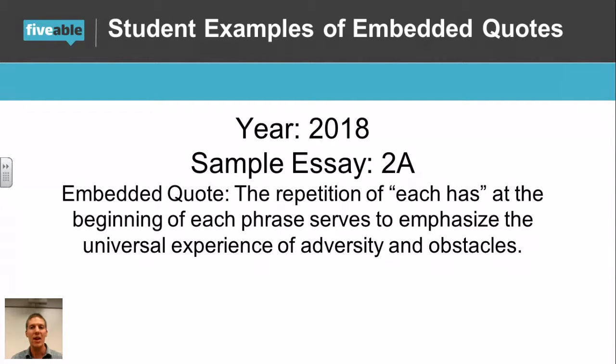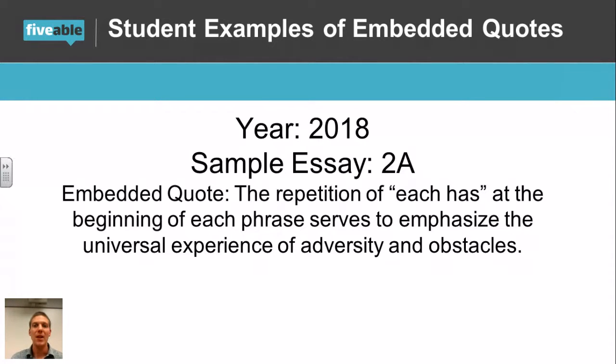Sometimes you'll see that, sometimes not. But look at this sentence with me, and let's unpack this a little bit. This is a writer from 2018, just last May. "The repetition of each has at the beginning of each phrase serves to emphasize the universal experience of adversity and obstacles." How many words are quoted? Let's start with that. So rule one, just 2 words have been quoted.